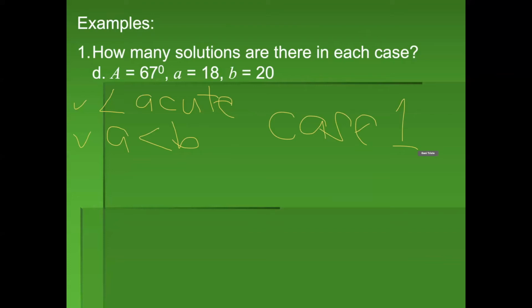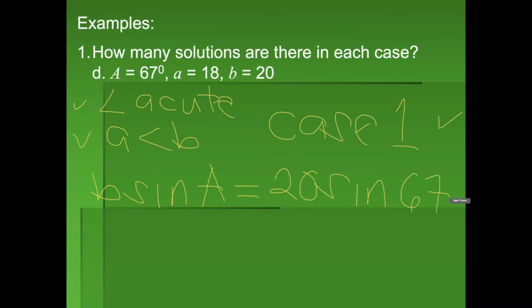Now, since we are dealing with case 1, we need to solve for B sine A. Remember, we only solve for B sine A when we are in case 1. So solving for B sine A, that will be B, which is 20, times sine 67 degrees. When we solve for that, that is equivalent to 18.41.